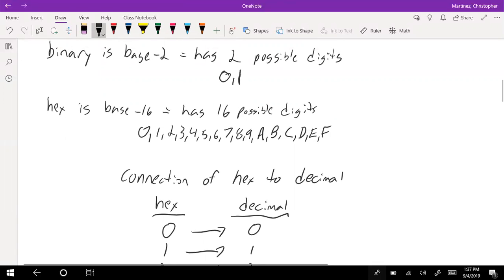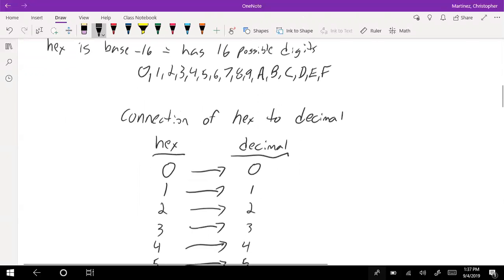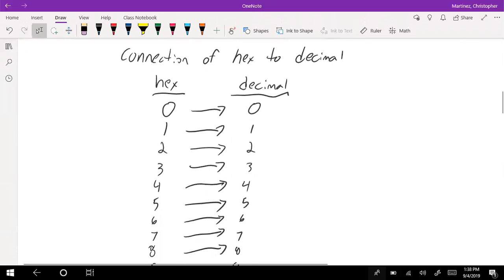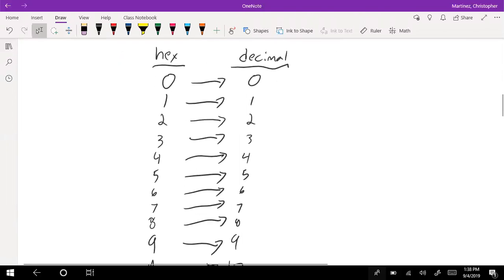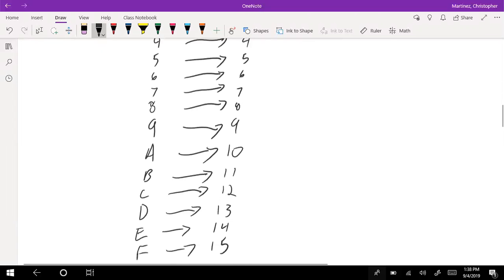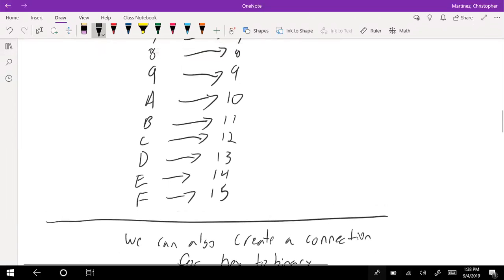All right, so let's look at the connection of hexadecimal to a decimal number. Well, the digit 0 is 0 in decimal, a 1 is a 1, a 2 is a 2, a 3 is a 3, a 4 is a 4, 5 is 5, 6 is 6, 7 is 7, 8 is 8, and 9 is 9. Well, what are A, B, C, D, E, and F?